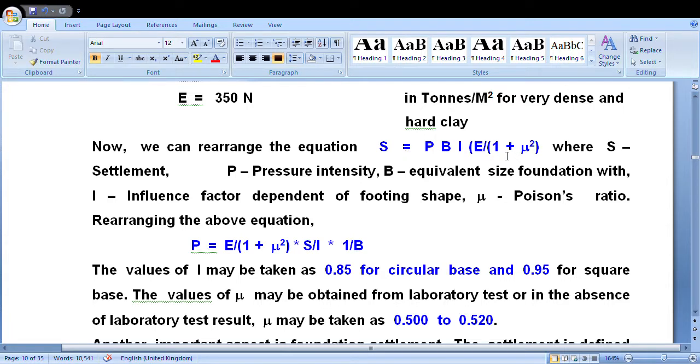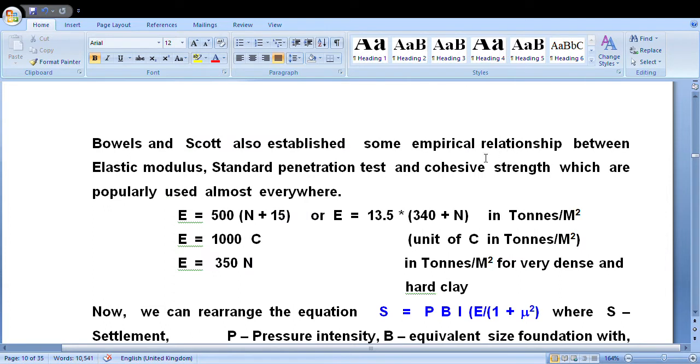This elastic modulus we can determine from laboratory test results, from a plate load test also, and from the N value also. Bowles, Scott, and many others established some empirical relationships between the elastic modulus and the standard penetration test and cohesive strength.